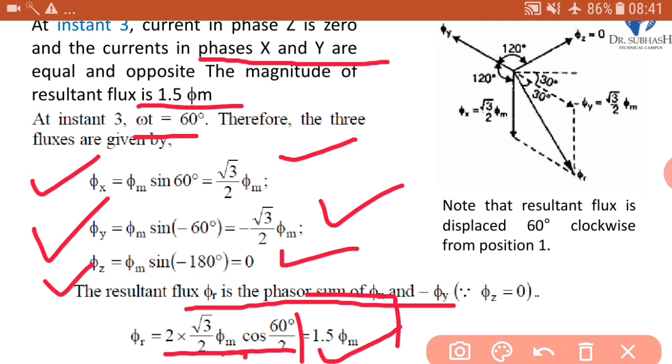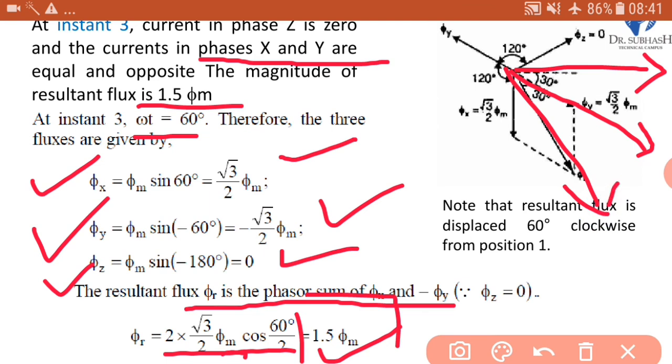One note is here, note that the resultant flux is displaced 60 degree clockwise from position 1. So here we can observe the resultant flux due to instant 1, here is the resultant flux due to instant 2, and here is the resultant flux due to instant 3.